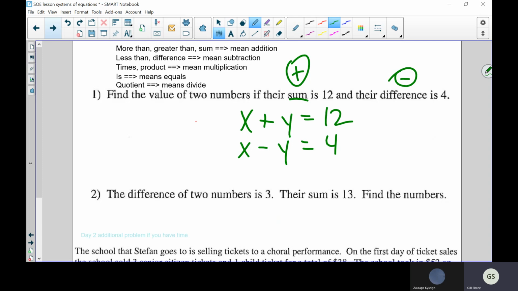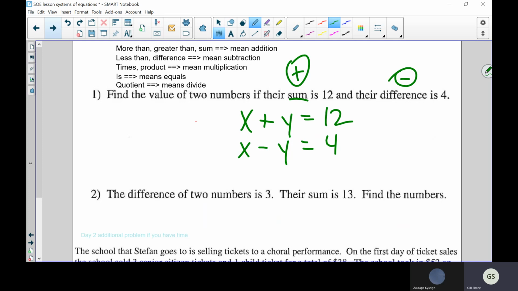If you remember solving systems by elimination, we could add these together, because I have the same number in front of the y in opposite signs. So I would get 2x equals 16, so one of the numbers is 8. What's the other number? 8. So that one you could actually solve using the new way we learned.